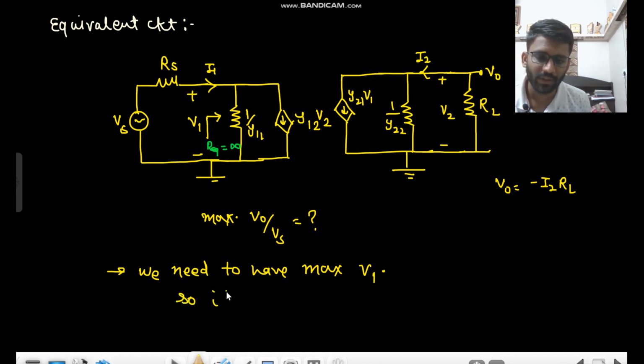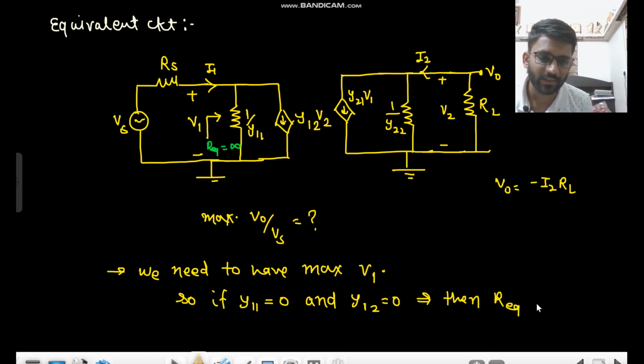If Y11 goes to 0 and Y12 goes to 0, then R equivalent is infinity. If Y11 is 0, this will be infinite impedance. If Y12 is 0, the current source is 0. If the current source is 0, that means infinite impedance.